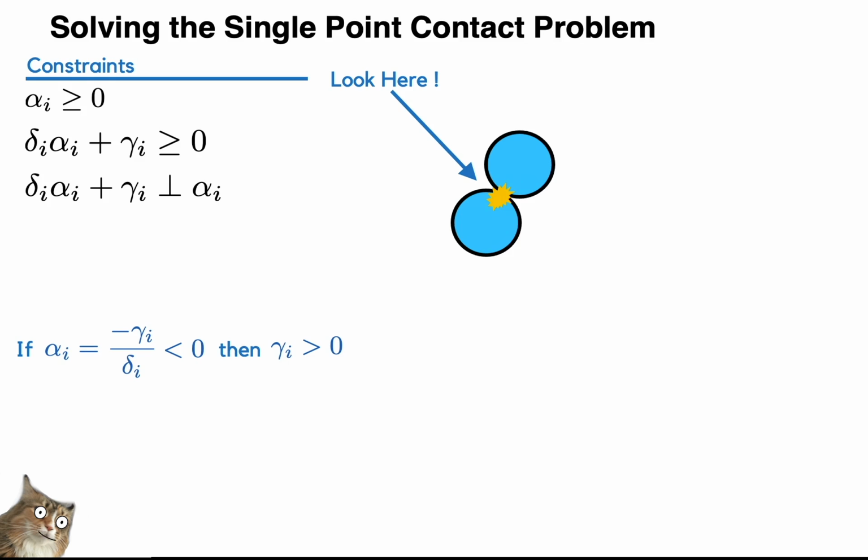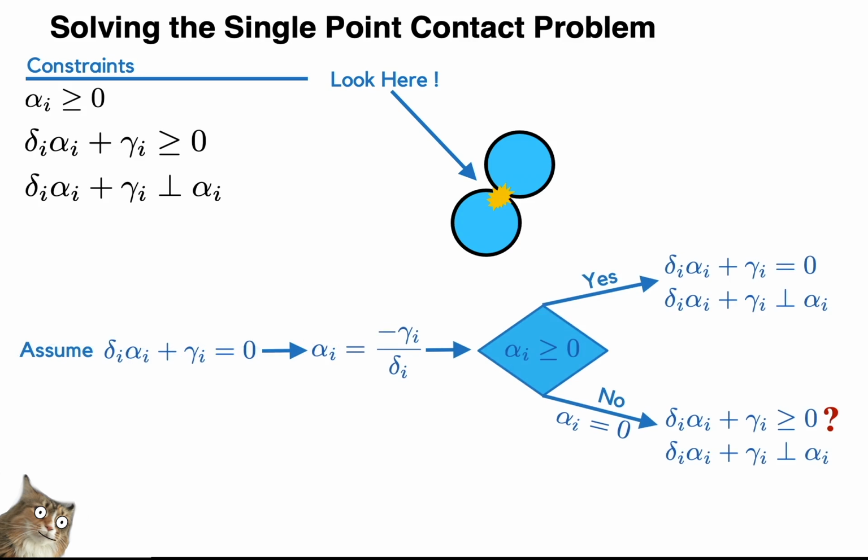That means that if we set alpha sub I equal to 0, our inequality constraint just becomes gamma sub I, which is greater than 0, and therefore satisfies the interpenetration constraint. So no question about it, this algorithm solves the contact problem.